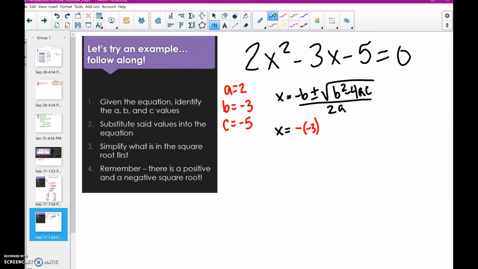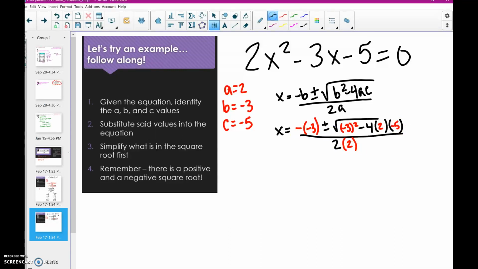So -3 plus or minus the square root of -3 squared, I'm going to put that in parentheses as well, minus 4 times a times c. Our a value is 2, c value is -5. And that's going to work out great. Again, I see a negative and a negative sign. I know I'll just be able to add. Divided by 2 times our a value, which is 2.